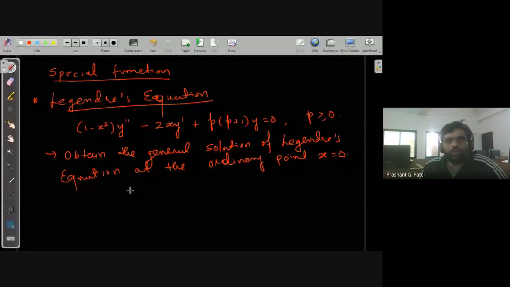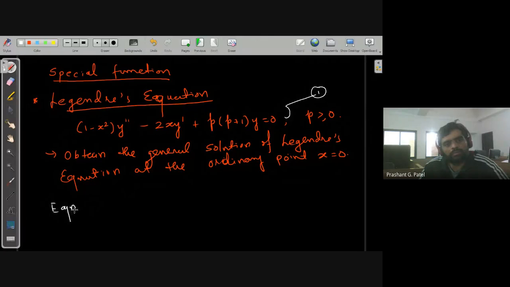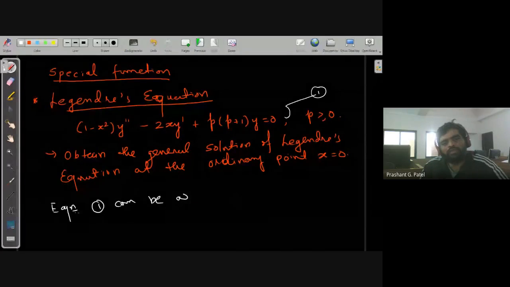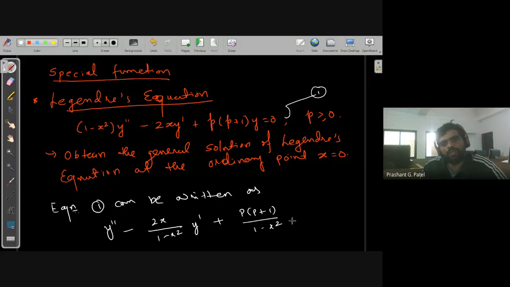If I call it equation 1, then equation 1 can be written in its standard form, that is y double dash minus 2x upon (1 minus x square) y dash plus p(p plus 1) by (1 minus x square) y equal to 0.